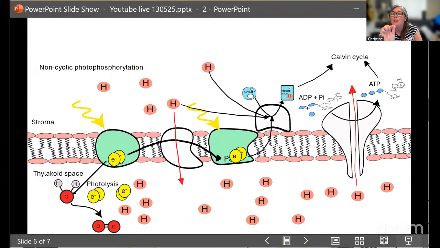So substrate level phosphorylation is where you add a phosphate to ADP, so you're transferring a phosphate to ADP from an intermediate molecule.